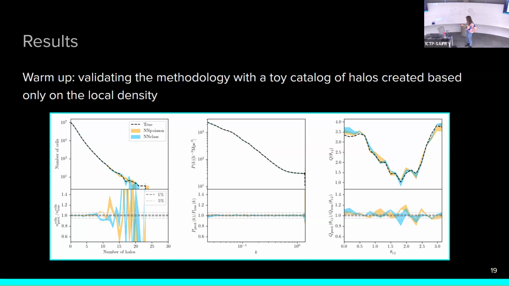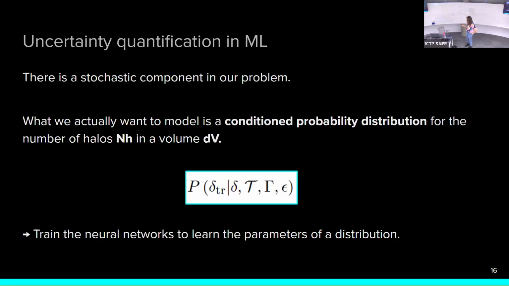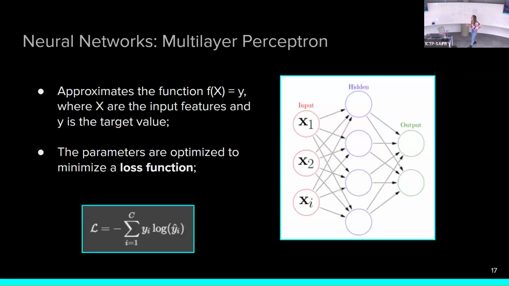I forgot to explain very well the thing with the neural network. Usually in a neural network, you use it to perform a regression, meaning that your loss function is like a mean squared error or something. But then you are predicting a single value, the expected value. In our case, since we want to model a probability distribution, we want to capture this uncertainty. So what we do is predict the parameters of a distribution.